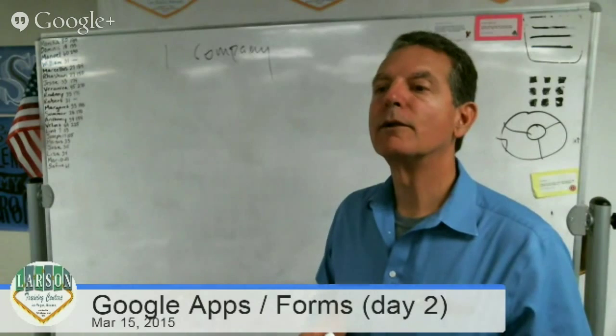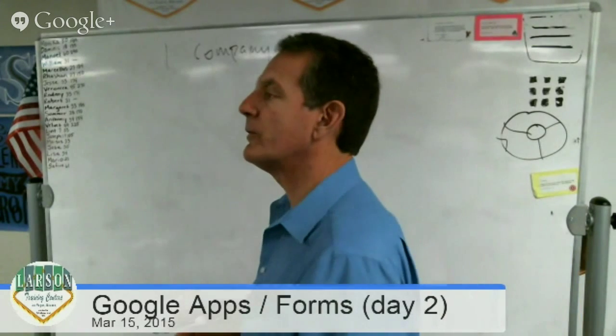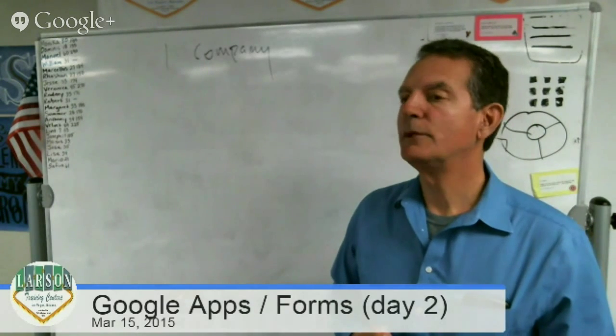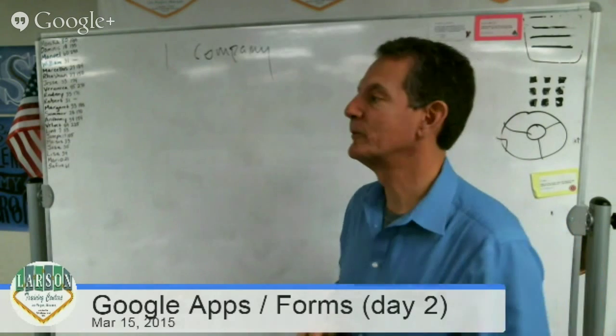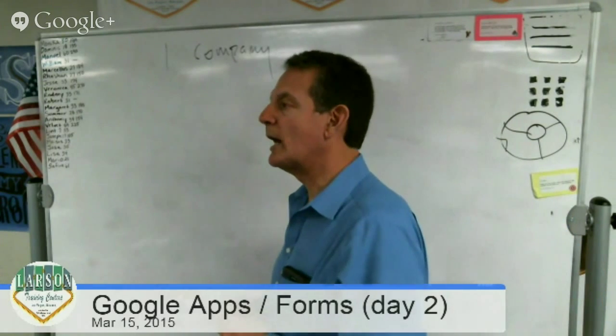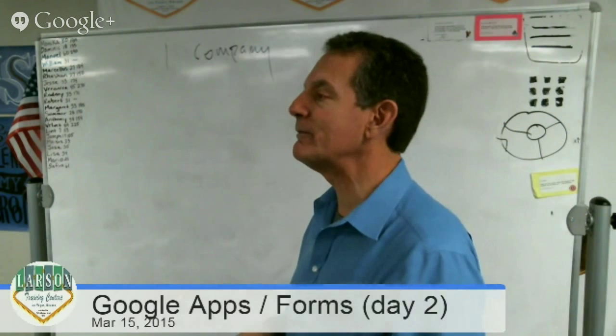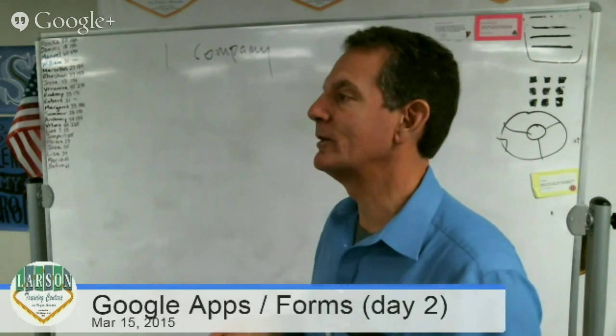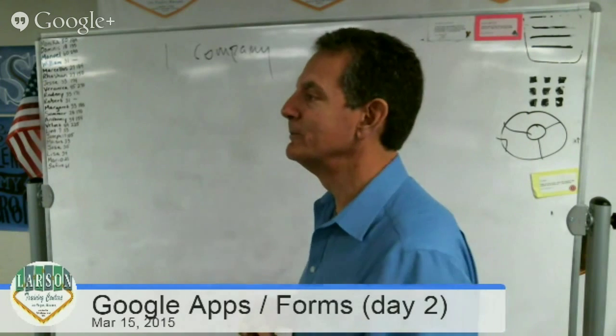All right, so what is the first thing that we do to create a form? Title. No, that's not the first thing. Think about what we want around. Go to your drive. So we're going to go back to the very first thing. This is like how do you make a peanut butter and jelly sandwich? Start with the bread.